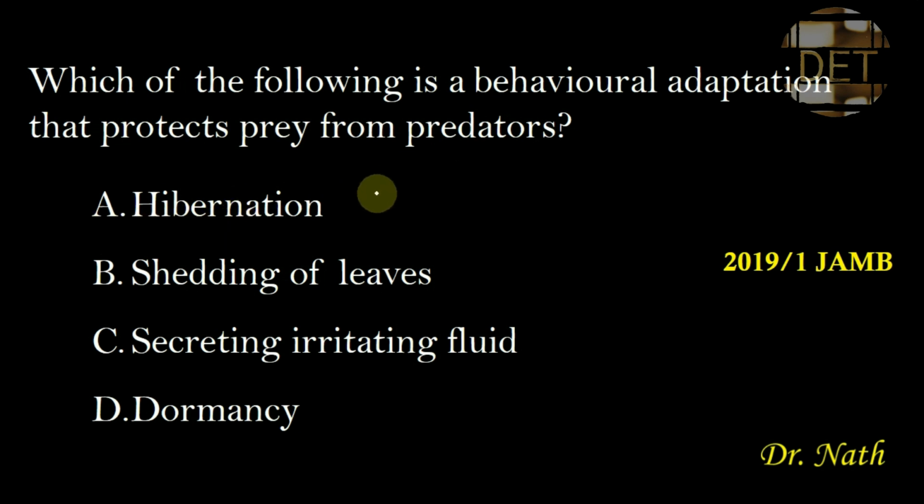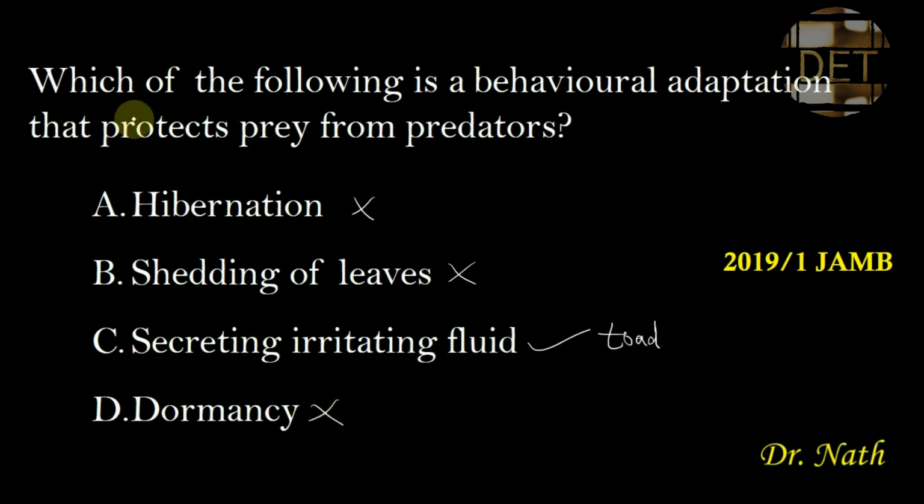Is it hibernation? No. Shedding of leaves? No. Is it secreting of irritating fluid? Yes. Secreting of irritating fluid is an adaptation seen in toad that protects it from its predators. Is it dormancy?